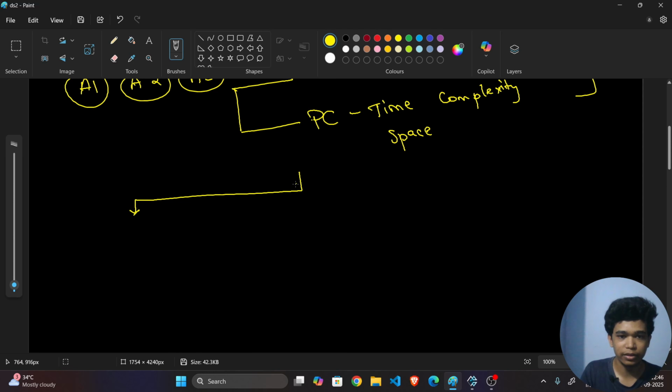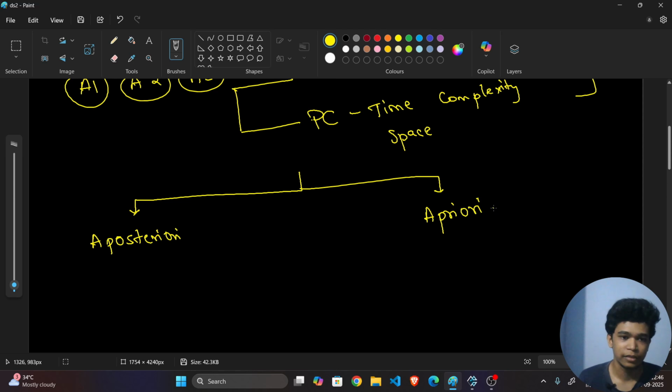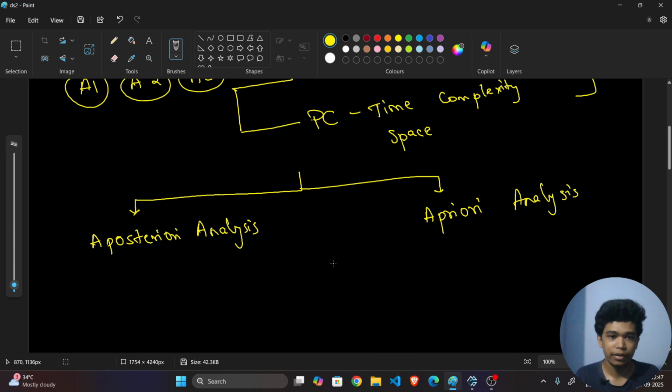There are two methods: one is a posteriori analysis, and the other is a priori analysis. Let us understand these two so that we can go to the definitions.